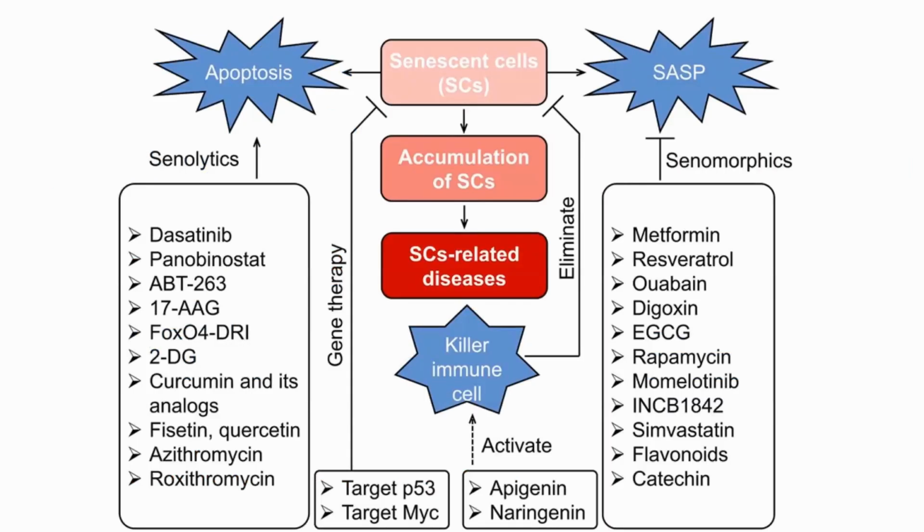Now, the question here is, what are the compounds that can act as senolytics, and what are the compounds that can act as senomorphics? And I've taken this image here, and these are the ones that have been investigated so far. And I can categorize them into 3 major classifications.